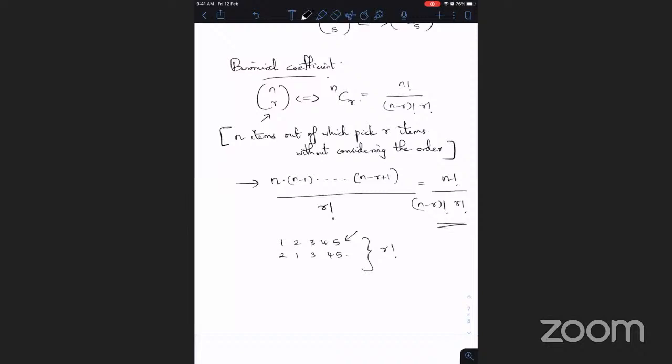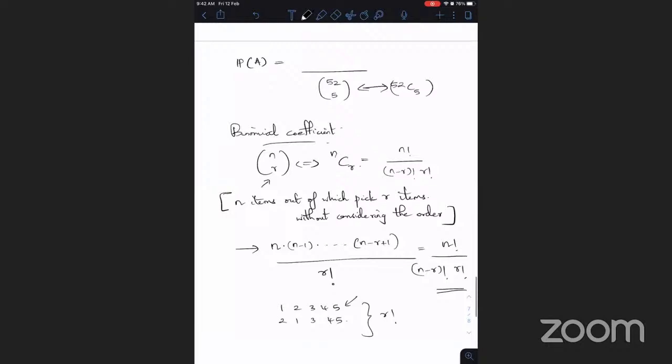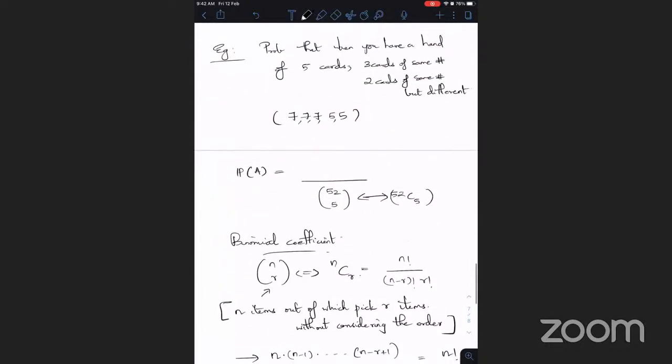So this is how you get the formula. Is the proof clear for everyone? Okay, fine. So this is what a binomial coefficient means. The problem that we need to solve is this.